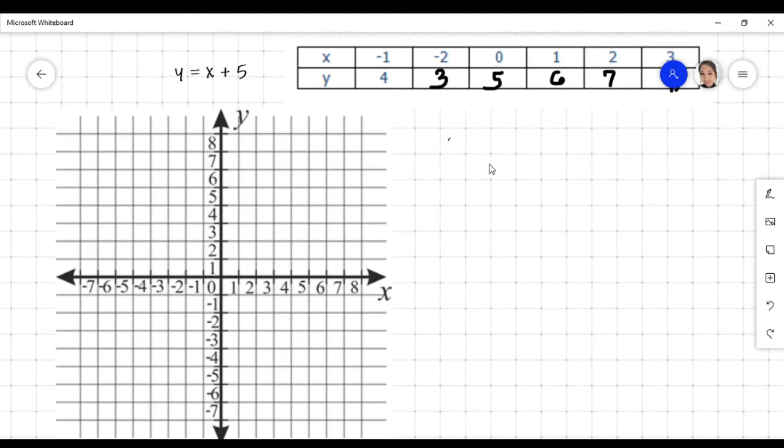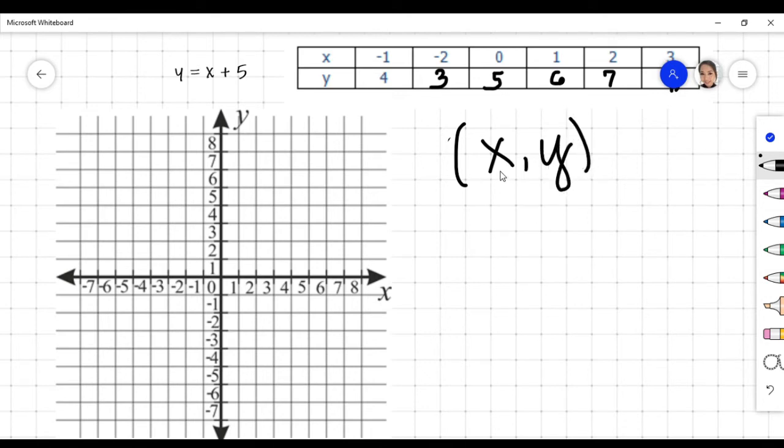Now, we have here the table of values and we can write it in an ordered form. So, our ordered pair is written of the form (x, y), where x is what we call the abscissa, or ito yung mga values na natin dito sa taas. And then the y, these are the corresponding values when we substituted the value of x, the resulting y.